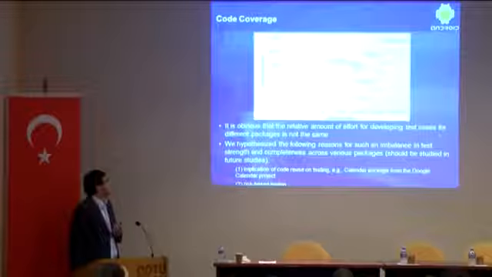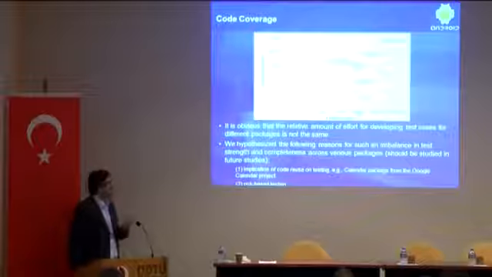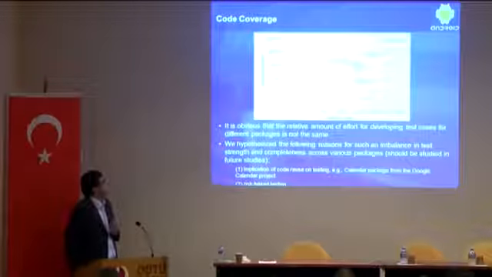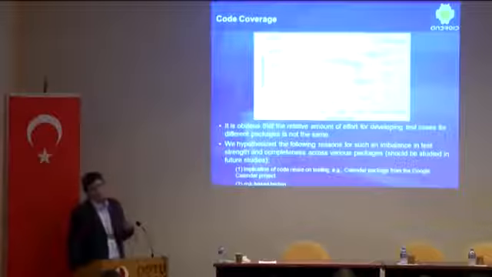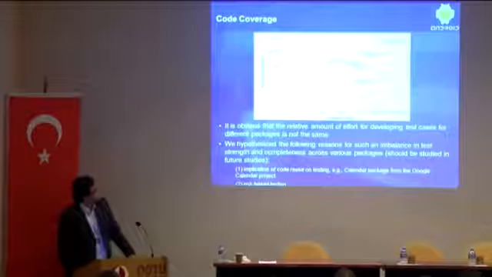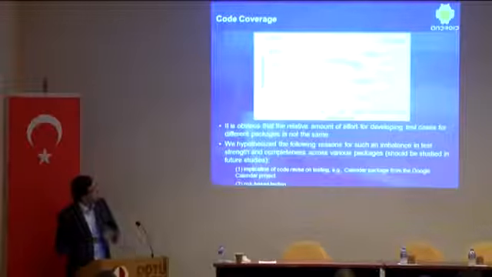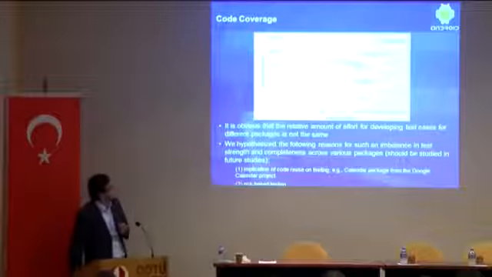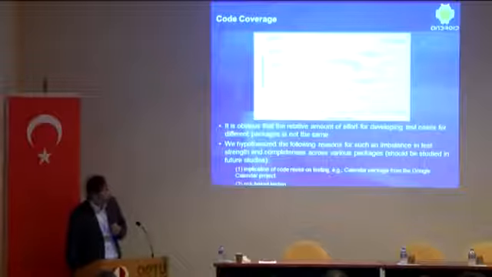This shows the number of lines of code, in logarithmic scale. You have about 10,000 lines, for example, for calendar, and this shows the number of lines covered by the automated test. When we look at it, you see a variable trend. It's not that homogeneous, so let's try to make sense of it.